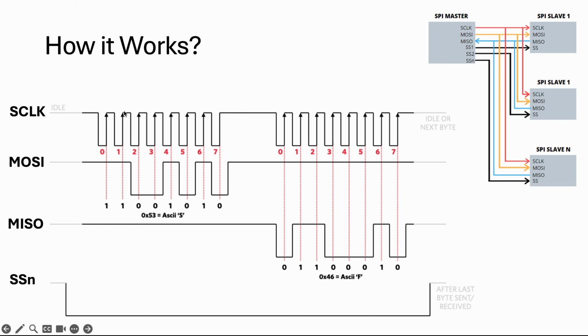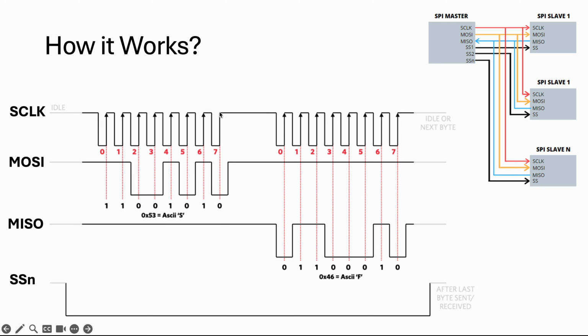With those 8 pulses from the clock, there's a data bit at every clock pulse. In this case, the master is transmitting 11001010 to the slave through the MOSI line, with the clock oscillating and slave select at low level.